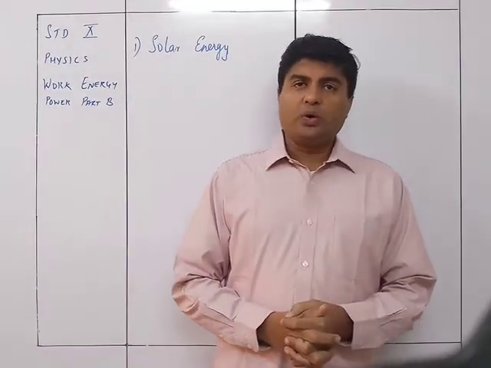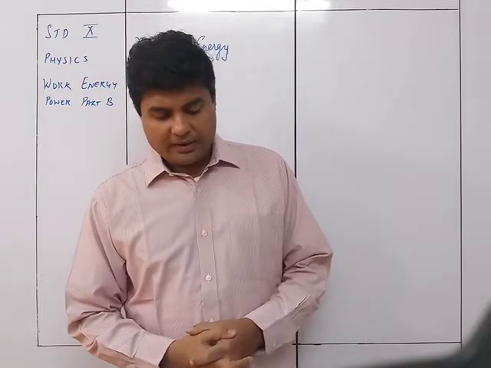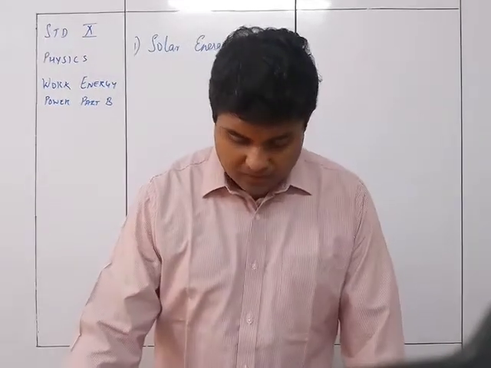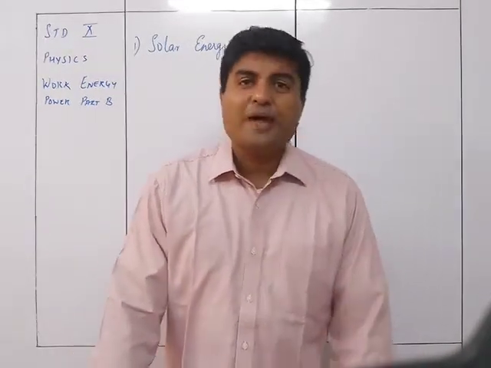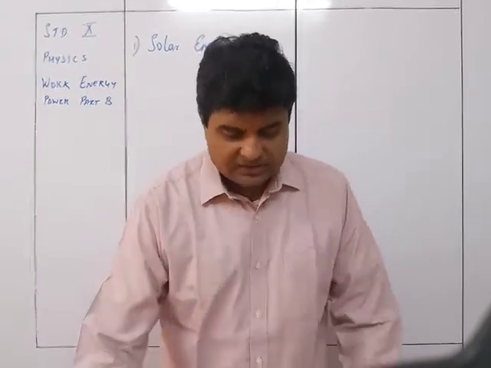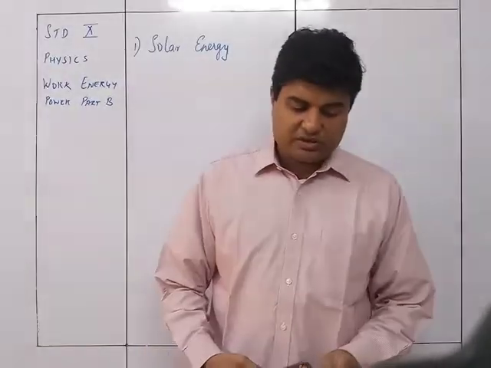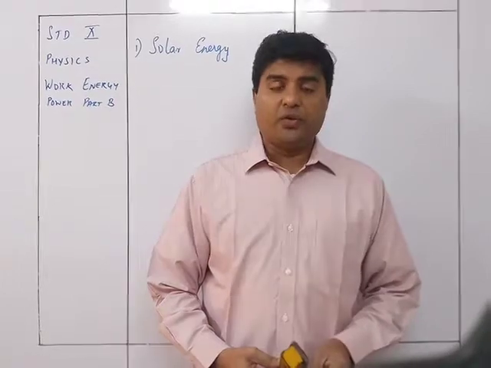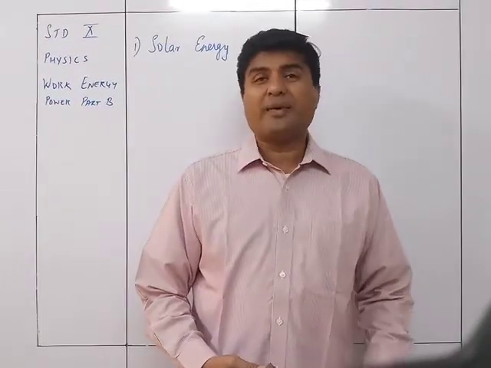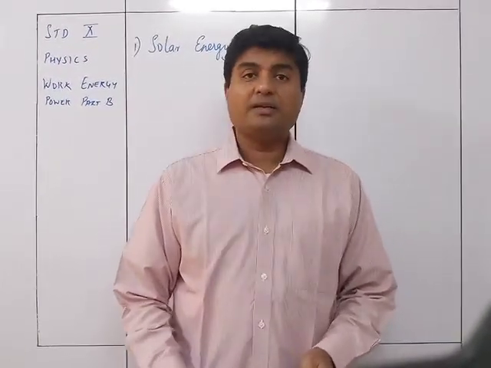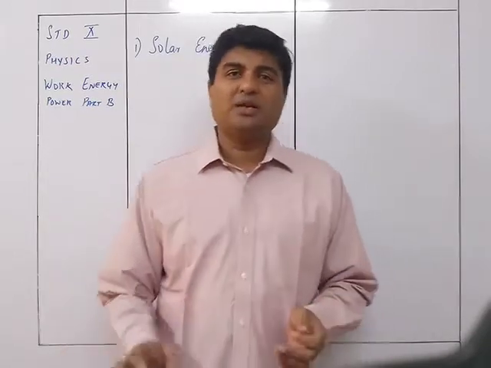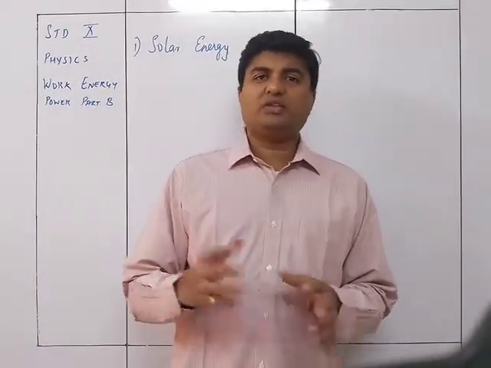We need to convert it into some form, because we are not able to directly perform work with it, since it is too diffused and is not available uniformly. You can see very well that sometimes it is cloudy, sometimes it is too sunny, and in the winter season it's too dark.